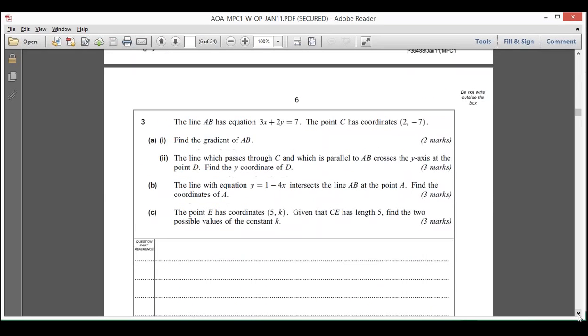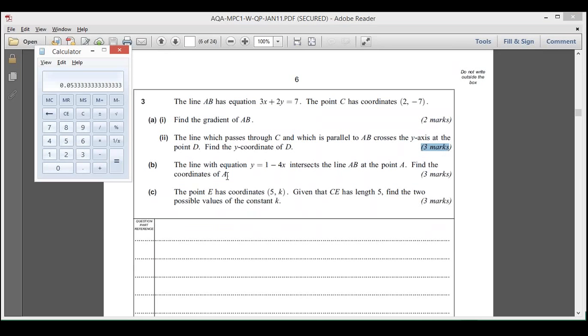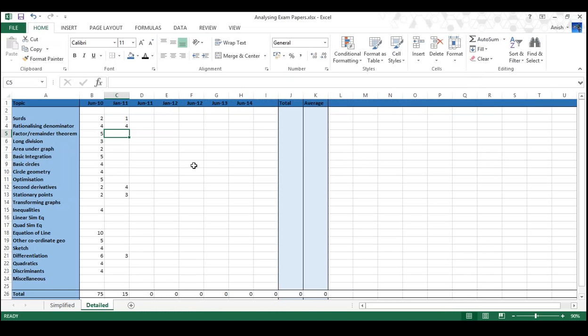So we've got gradients. This mentions a line. It doesn't ask for the line equation, but I'm guessing you have to work out the equation of a line. So I'm going to put that under equation of a line. So gradients, that's going to go under coordinate geometry, on gradient of a line. So 3 for that.